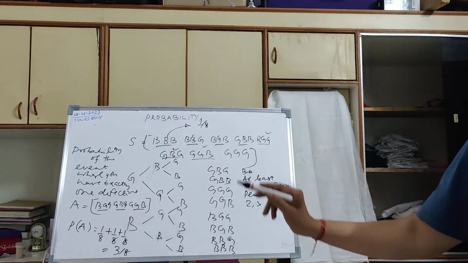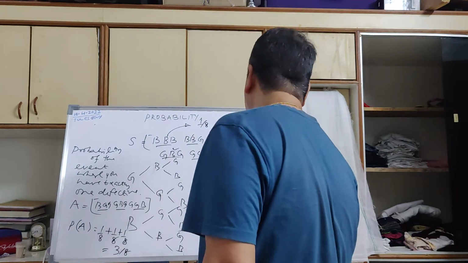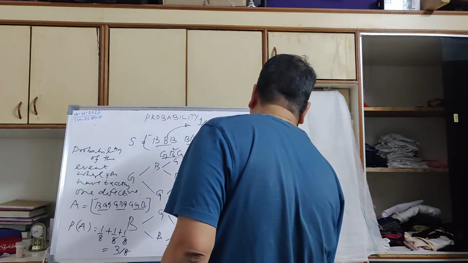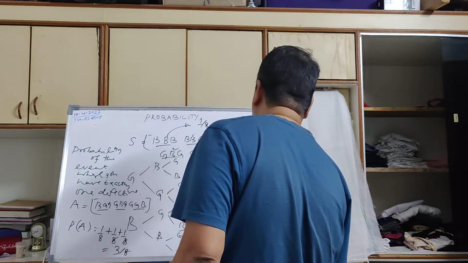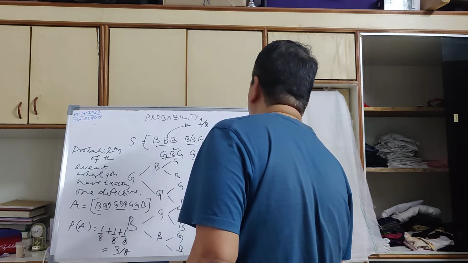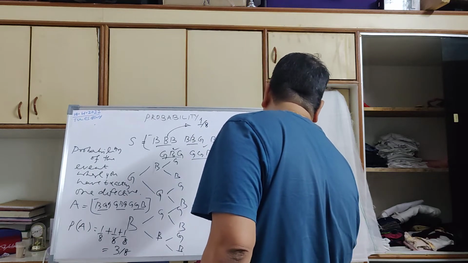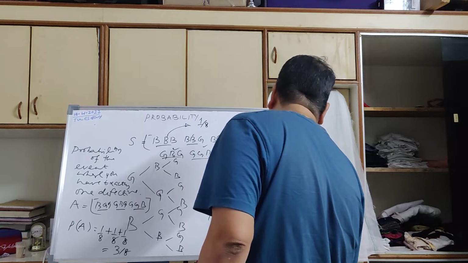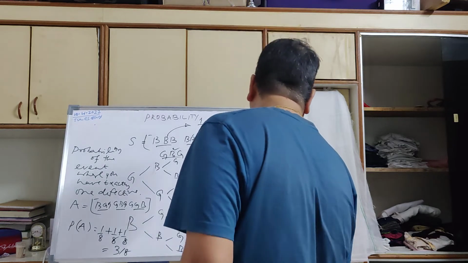So we are finding it like this: BBG, GBG is not 2 bad. Okay. So BBG, BGB, GBB and BBB.